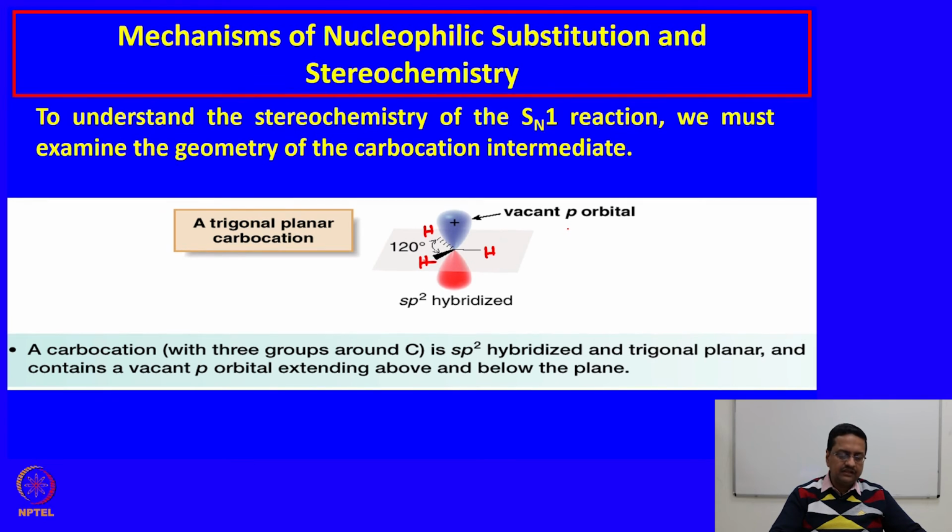So, the carbocation is sp2 hybridized and trigonal planar in geometry, and it contains a vacant p orbital which is now capable of accepting electrons from the nucleophile. And now the nucleophile can come from the top or from the bottom.